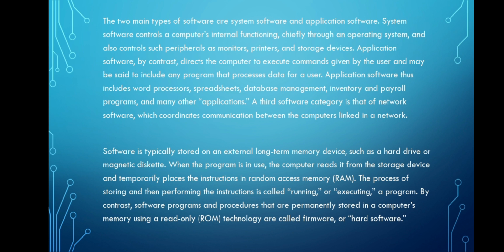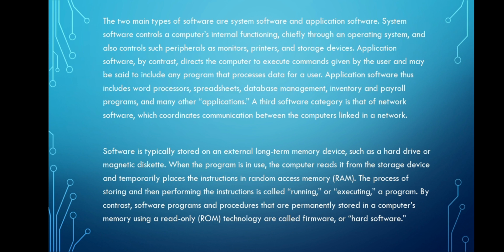Software is typically stored on an internal long-term memory device, such as a hard disk or magnetic diskette. When the program is used, the computer reads it from the storage device and temporarily places the instructions in random access memory.